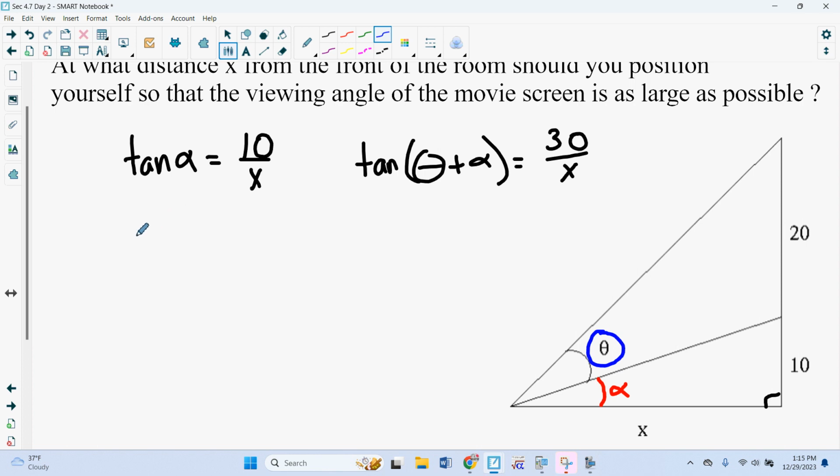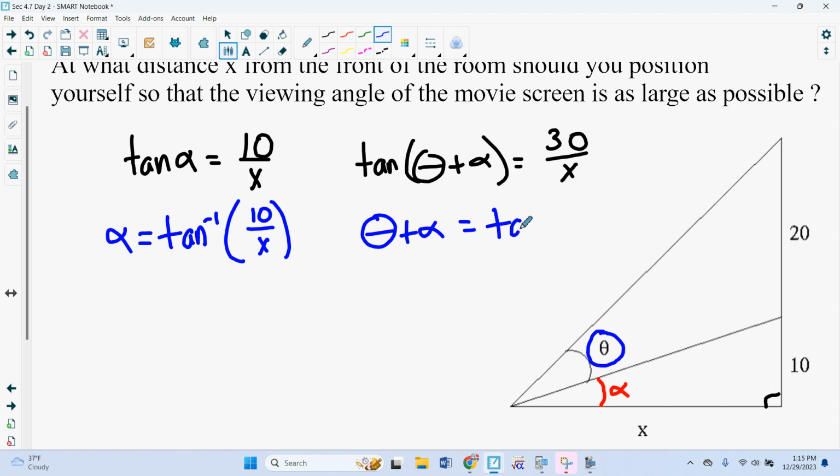We're going to use our inverse tangents here. So we'll say that alpha is equal to the inverse tangent of 10 over x, and theta plus alpha is the inverse tangent of 30 over x.